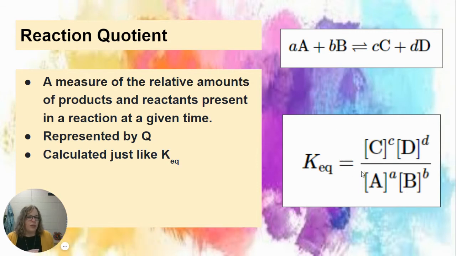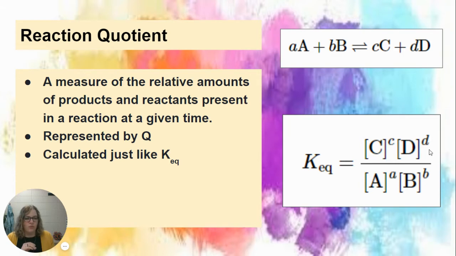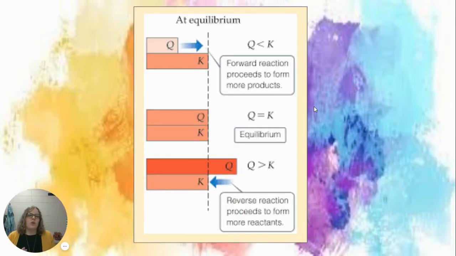So if I put in the numbers and my number for the Q is too small, it means I don't have enough in my numerator, and I've got too much in my denominator. So if our Q is less than our K, we don't have enough product and our reaction needs to proceed more heavily in the forward direction to get to equilibrium.